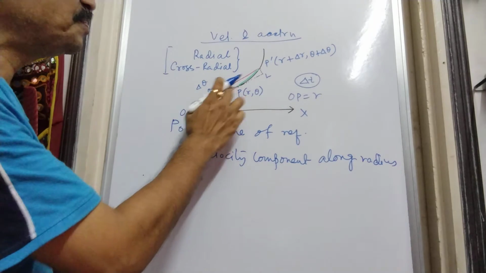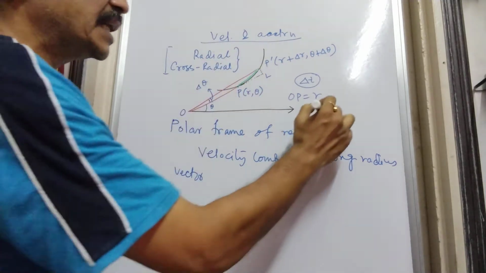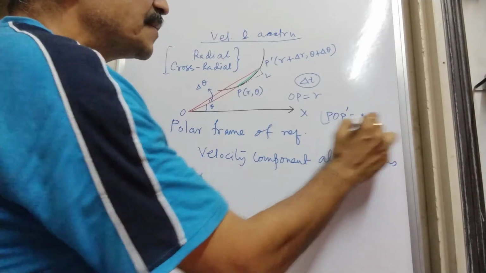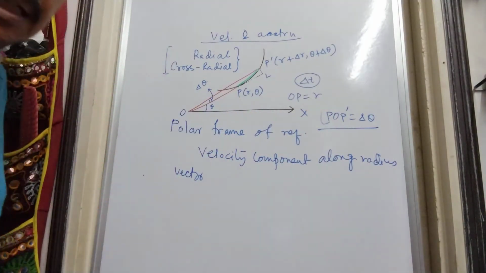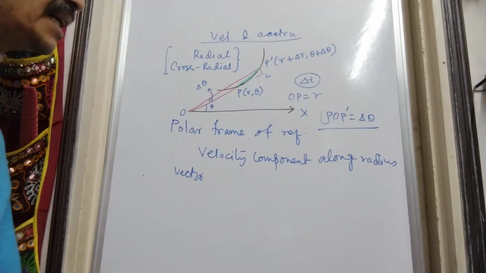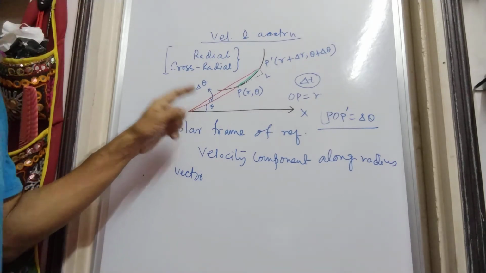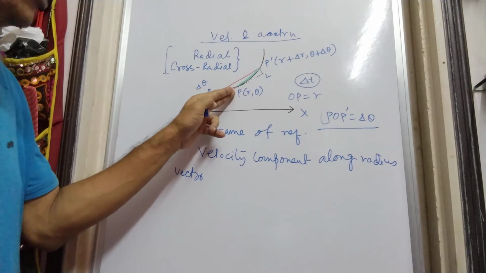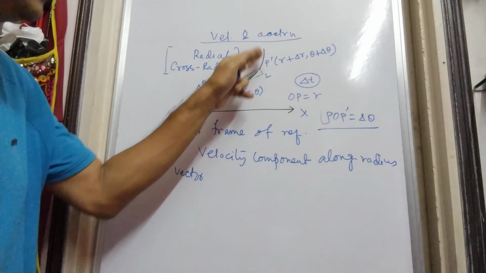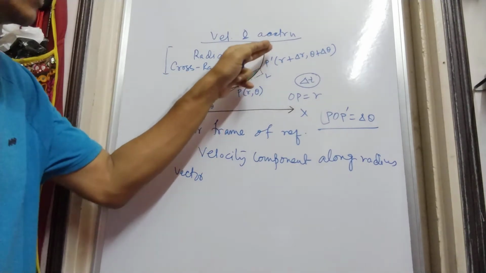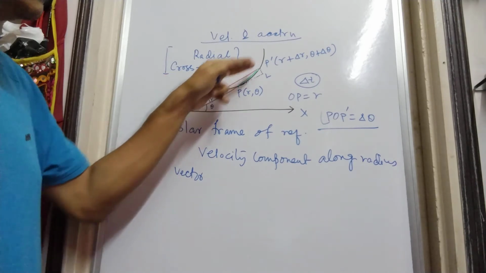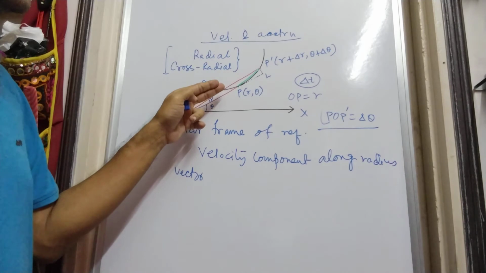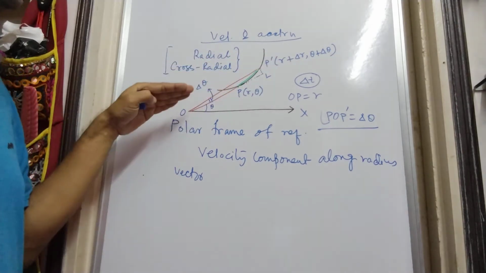So angle POP prime is nothing but delta theta, marked in this figure. The point traverses from P to P prime along the curve drawn in black ink, and the green ink denotes the chord PP prime, which is actually merging to the tangent drawn at P.